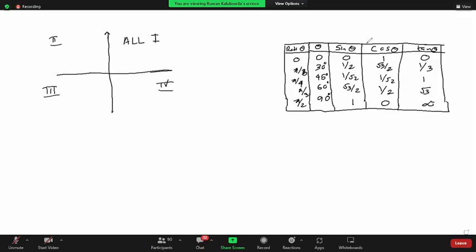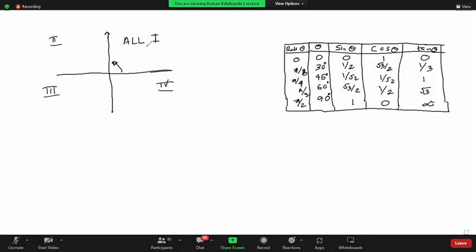So the values of the special angles in the first quadrant, right, we have some special points in this table. You can see all the values are positive.